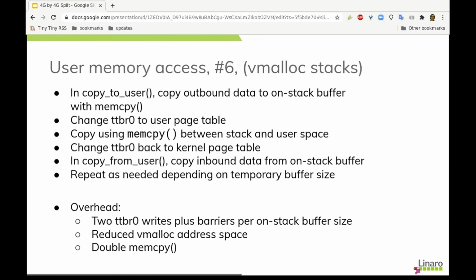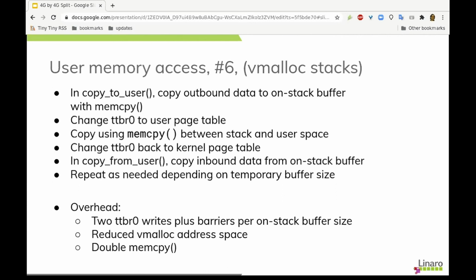And then one more idea, if we have the vmalloc stacks that I mentioned earlier, so all the per-thread stack memory is also part of the vmalloc area, then we can have an even larger area. We don't have to save and restore the NEON registers, but we could have, for example, 1 kilobyte of stack space that we reserve for this purpose.